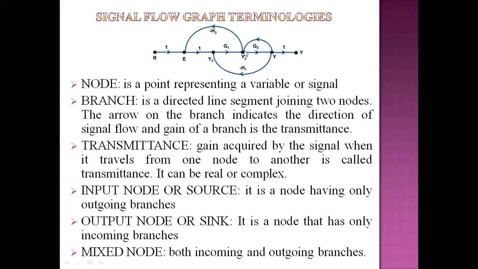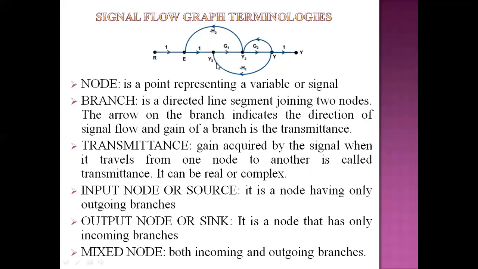So in this signal flow graph, R is the input node which has only the outgoing branch, whereas Y is the output node. The line connecting nodes R and E is called the branch, which is normally represented by a gain.